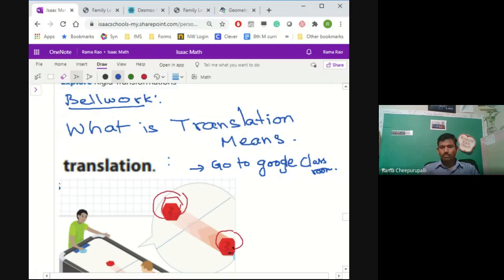Go to Google Classroom, fourth hour, classwork. See the Thursday. Let me pull it up. Thursday, bell work. You see it. Please get it done.